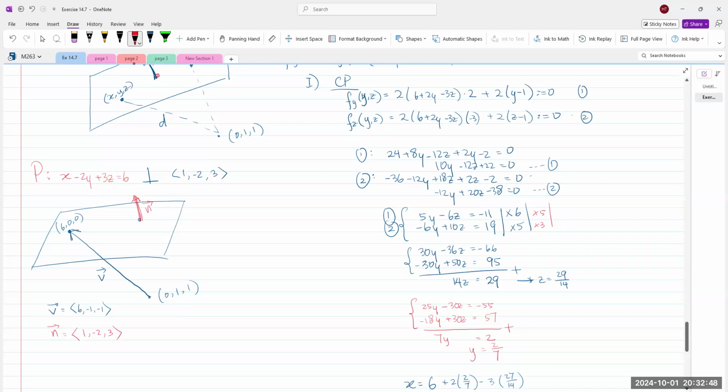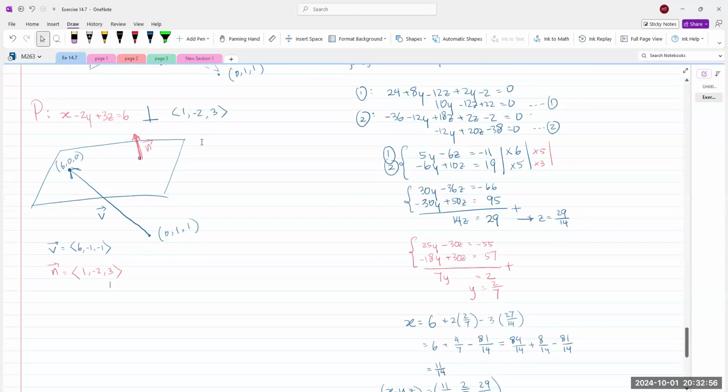What I will do next is project v onto n. The projection of vector v onto vector n will be, I wonder if you remember, v dot n over the magnitude of n squared, times vector n.